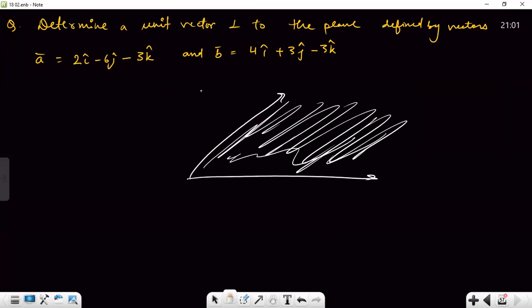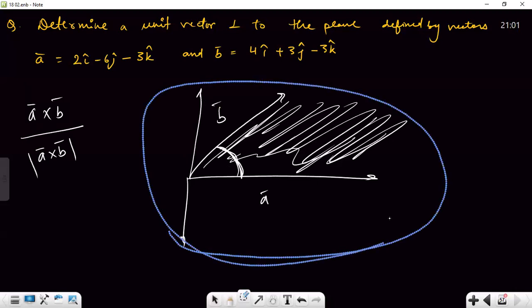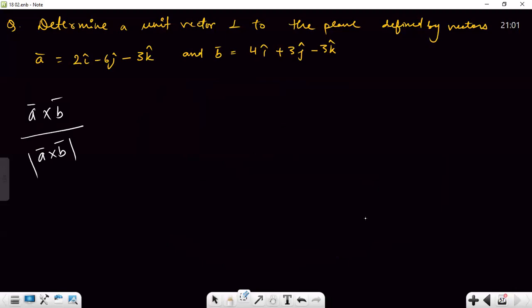So it can be perpendicular here or here. And we can find it by finding the cross product between these two vectors which are defining the plane. So we will simply do cross multiplication and division by their magnitude. And plus minus will also be considered this time too.